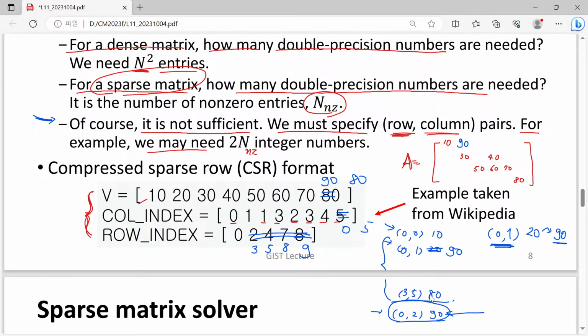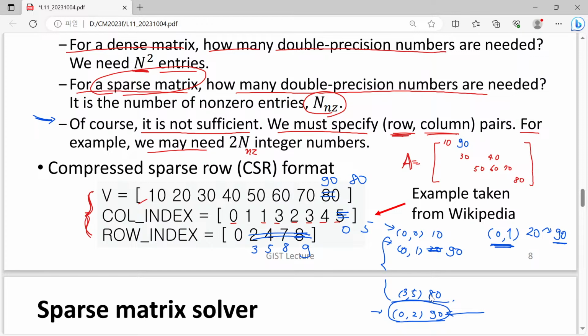Okay, so from this discussion, you can find that a sparse matrix in many cases, from the viewpoint of memory management, is quite efficient, but at the same time, we have to develop a new format and algorithms and data structures to support them.